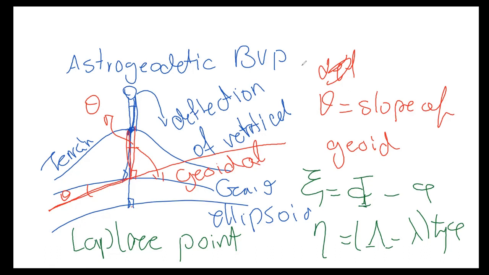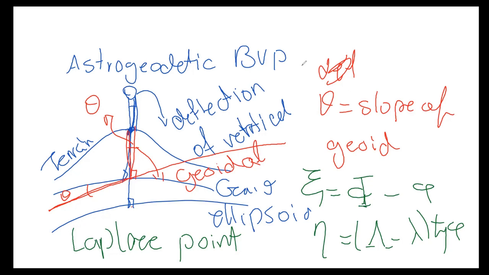You can measure the components of the deflection of vertical from the astronomical measurements. So one side of this data is like the geoid and ellipsoid, and the other side is the real Earth, which is astronomical. So that's after this short review.